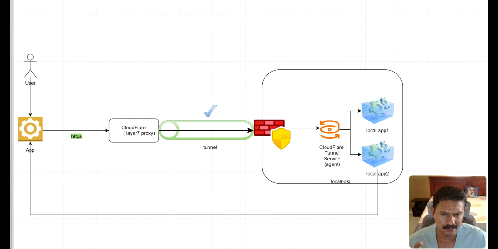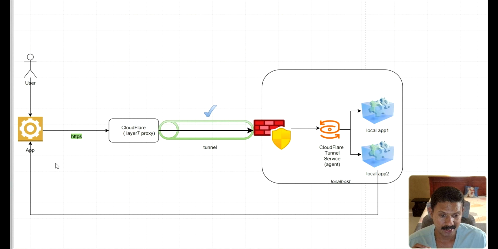Let us understand how exactly Cloudflare works and how it would help us address this issue of unencrypted sessions. What we would be doing is configuring a domain name in Cloudflare. So it would have a layer 7 proxy, which I will explain in a minute. And what that would essentially do is act as a proxy server, right?